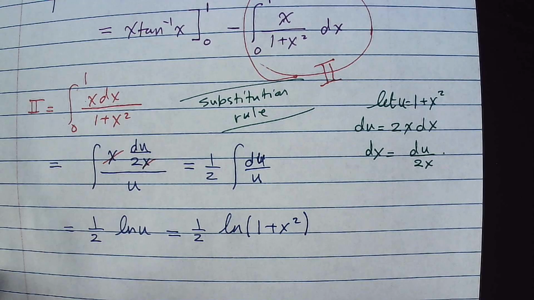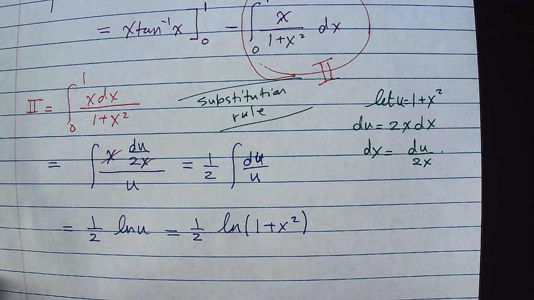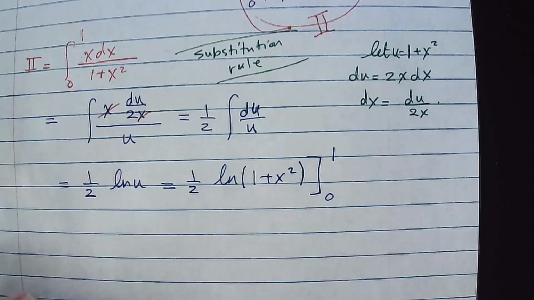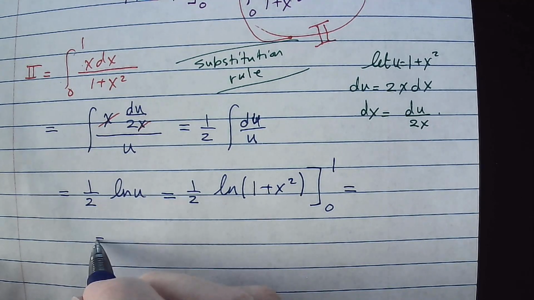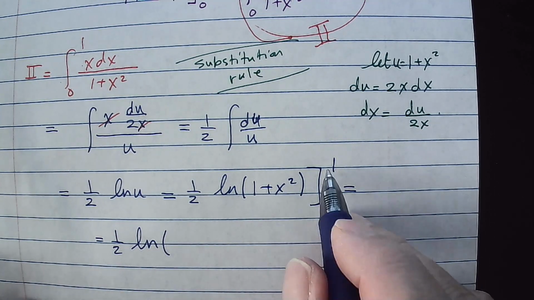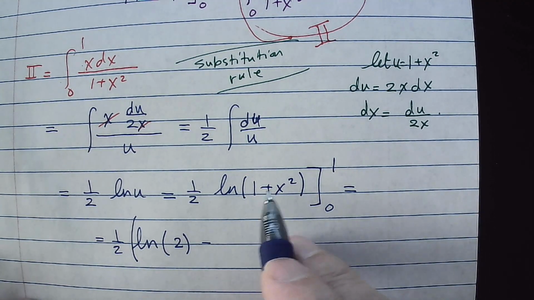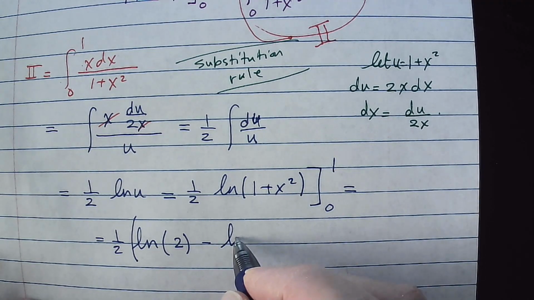And now I may plug the bounds 0 to 1. When I do this, this gives me what? 1/2 ln 1 plus 1 is ln 2, minus ln 1 plus 0 is ln 1.